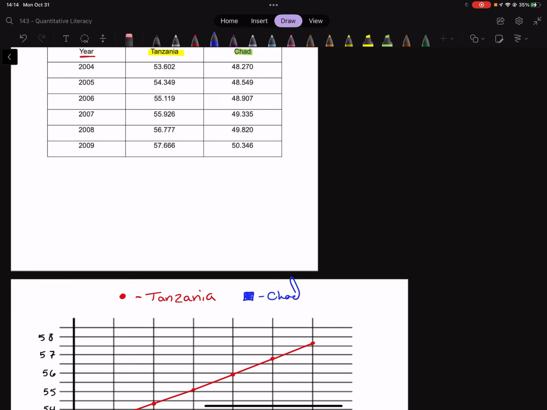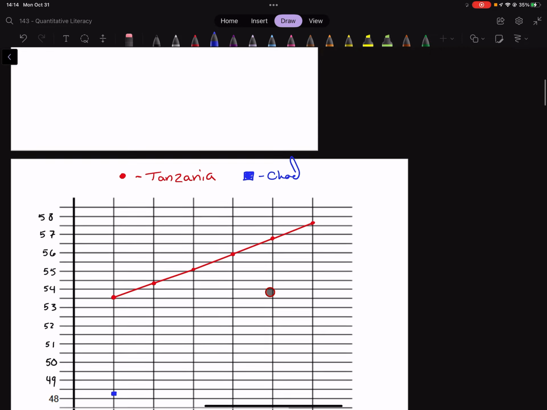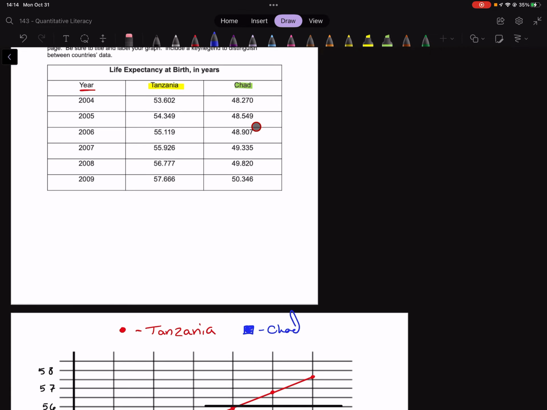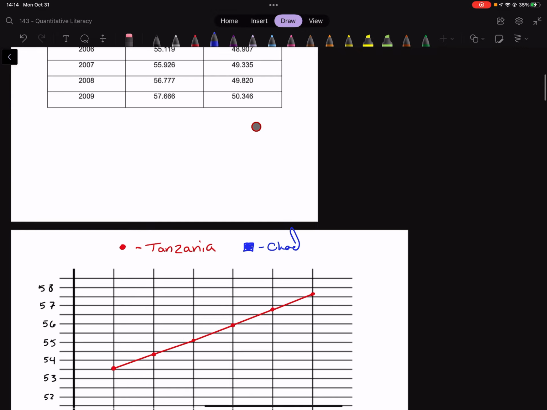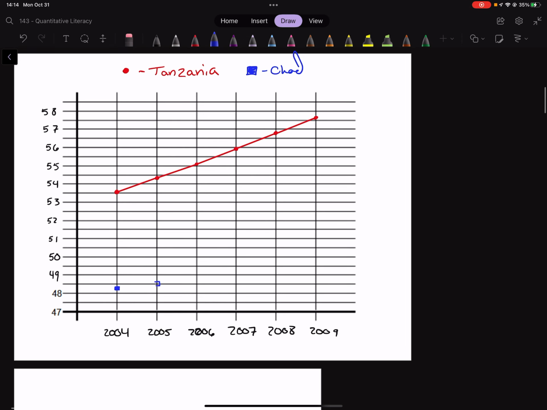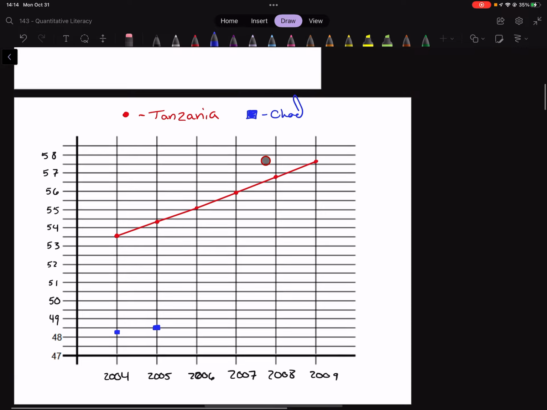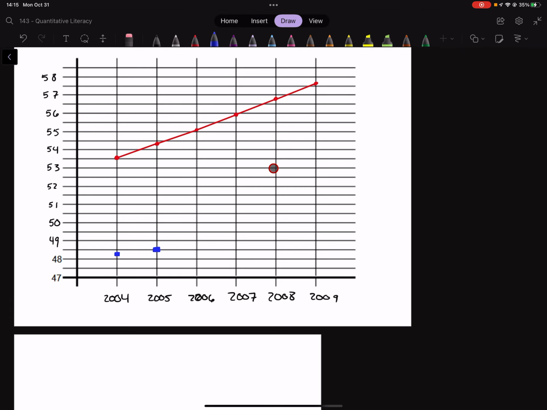Alright, so then we can come over here to Chad. Now Chad has a lower life expectancy across the board, but in 2004 the life expectancy was 48.27. So 48.27 is right here. Then 2005, that was 48.5. So it didn't really increase all that much. Then in 2006, it's 48.907.